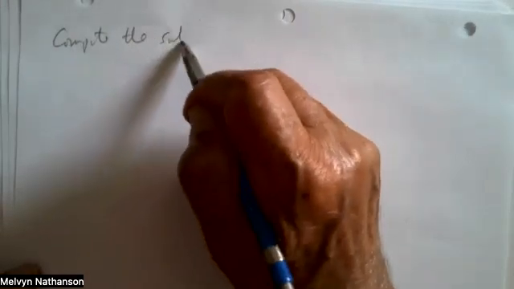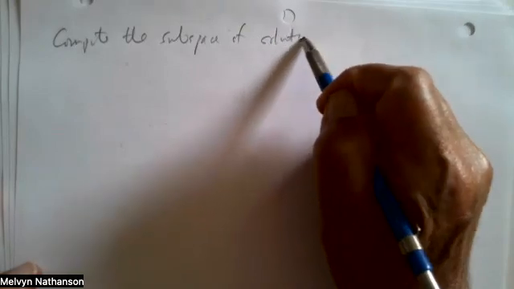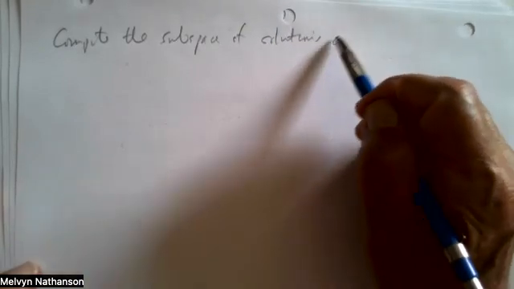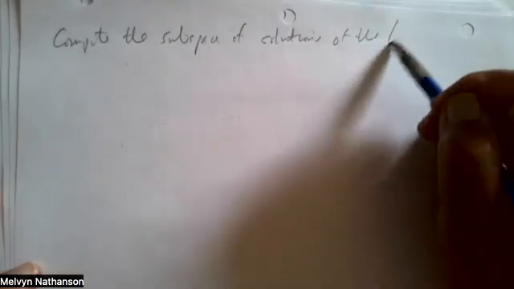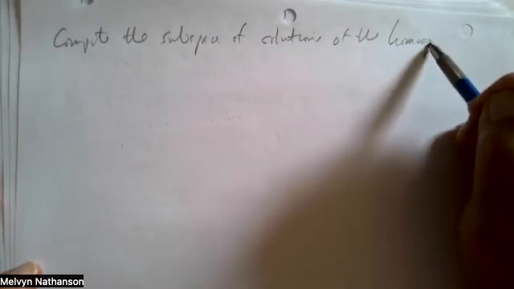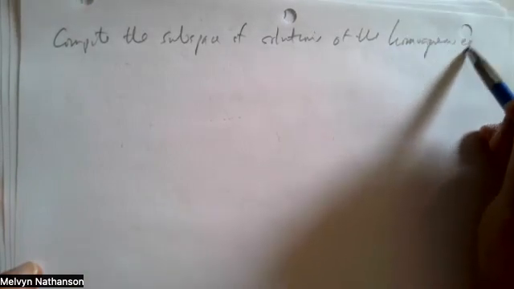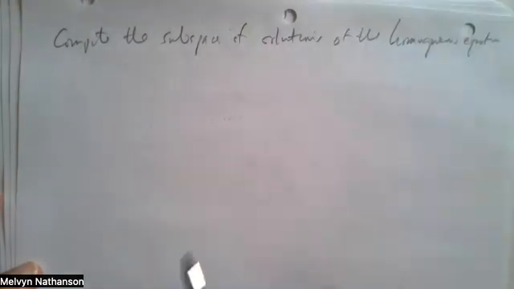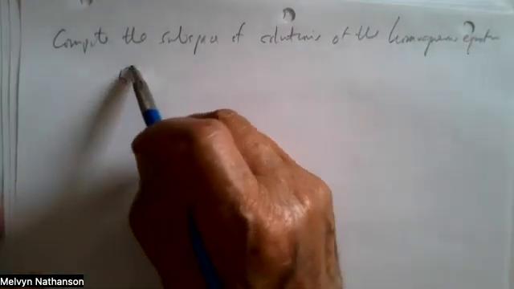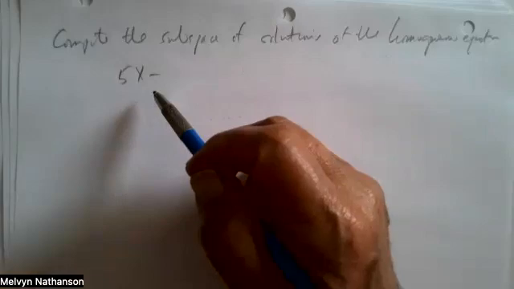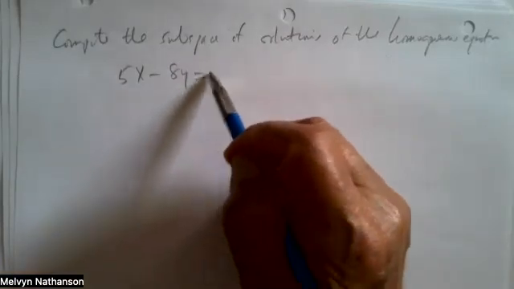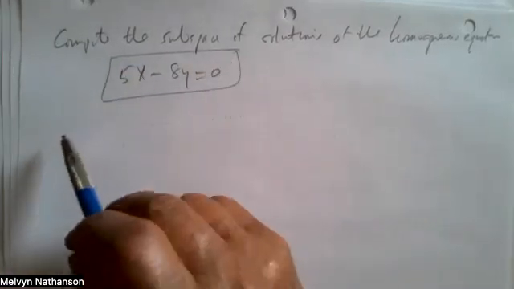Compute the subspace of solutions of the homogeneous equation 5x minus 8y equals 0.